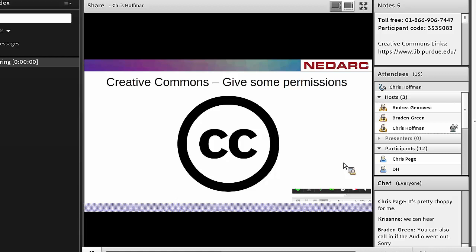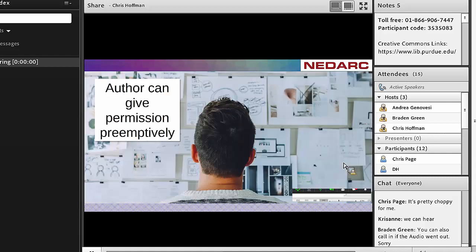So some creators said, well, I don't want to give away all of my permissions, but I also want to give away some of my permissions. And that is where Creative Commons was brought in. An author can give permission preemptively with a set of restrictions that are not as restrictive as copyright, where it says don't ever use this without my permission.